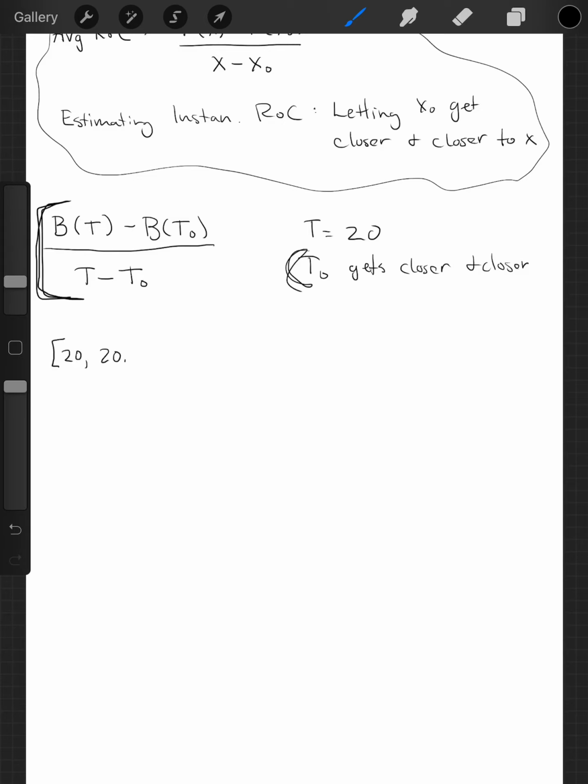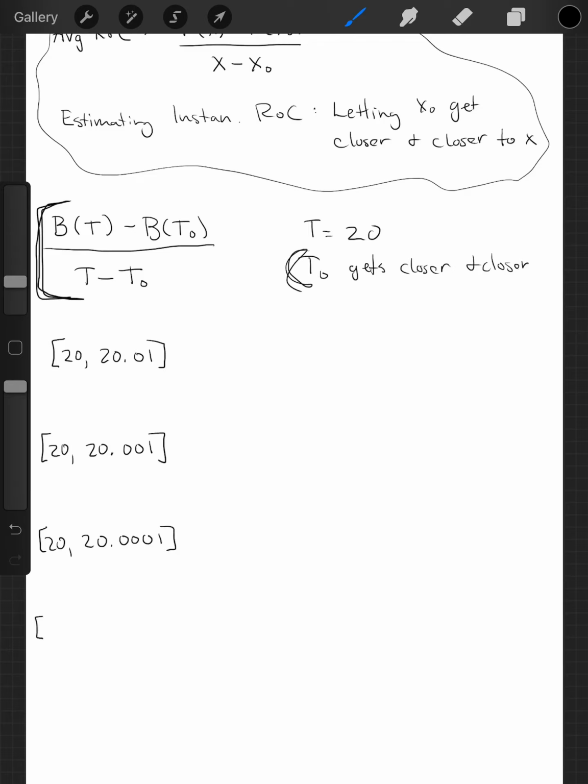So we're going to check for 20 to 20.01. We're going to check for 20.001, because 20.01 is really close to 20, but 20.001 is even closer to 20. And then we're going to go even closer to 20.